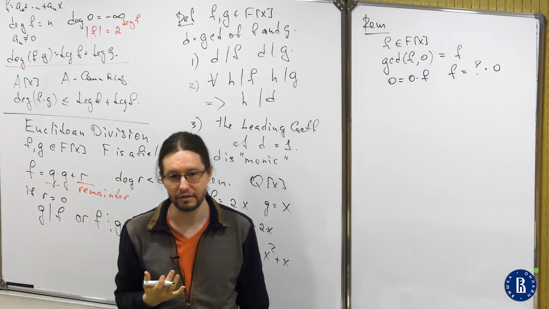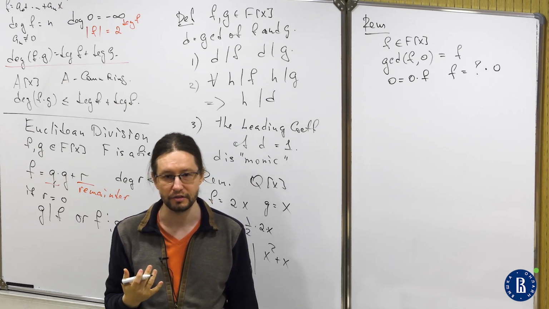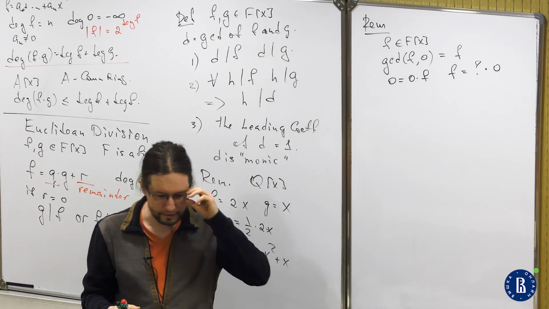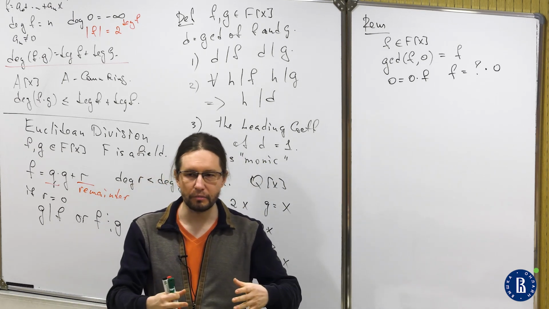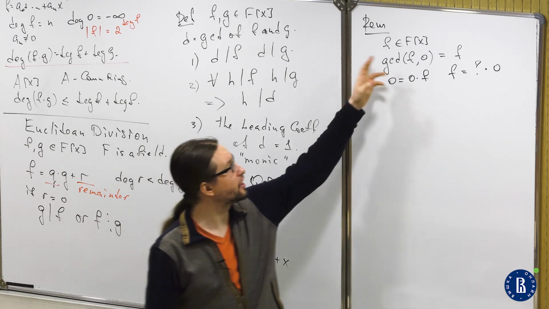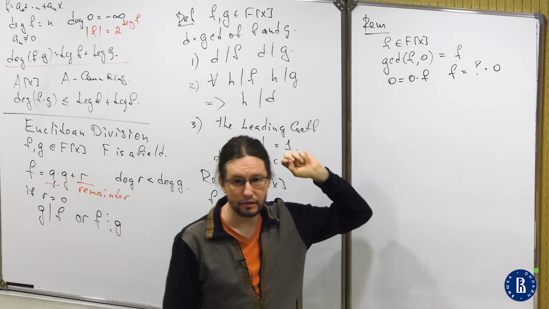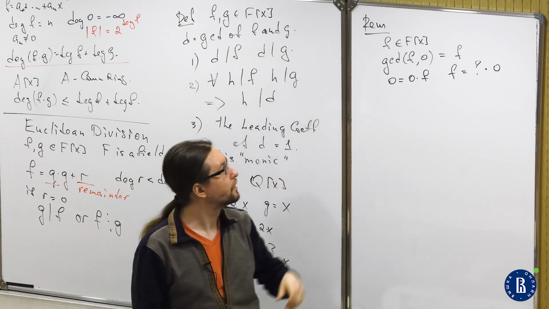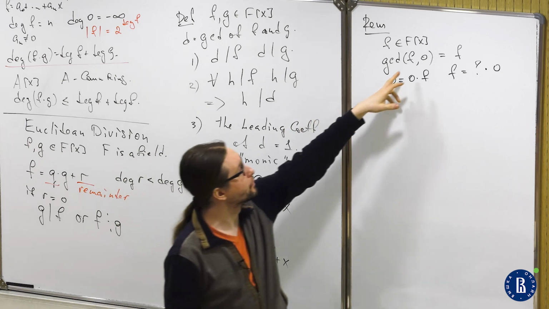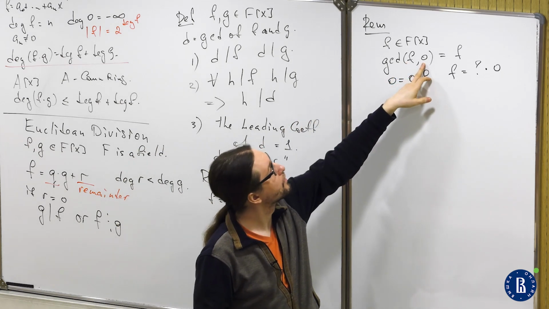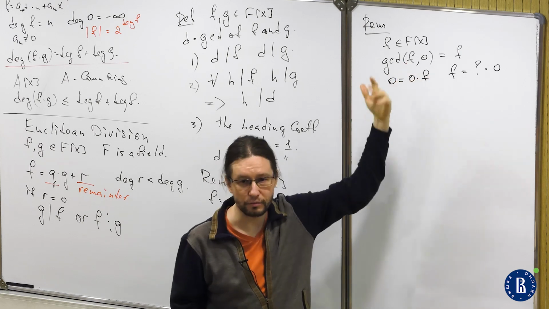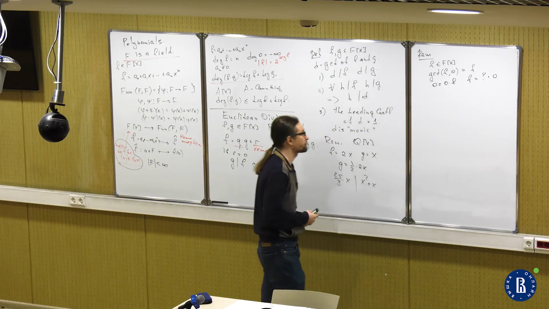So if f is not 0, the GCD is f. You should think of 0 as a polynomial divisible by everything, so adding the 0 polynomial doesn't change the GCD. This is a corner case. When you have something and 0, the GCD is this something. If f is 0, this formula is also true.